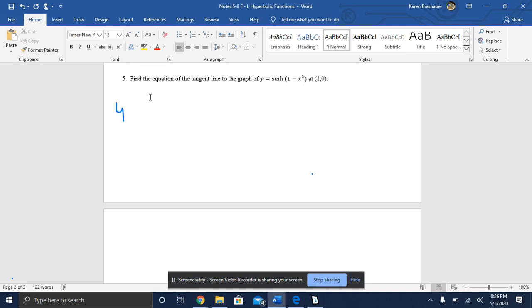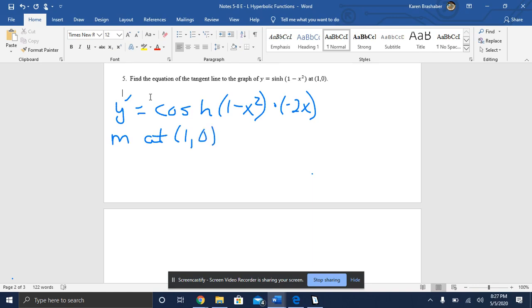So y prime will equal, all right, so the hyperbolic sine, the derivative of that would be hyperbolic cosine. We'll keep the angle 1 minus x squared and then multiply by the derivative of the angle, which is negative 2x. And then we need to know our slope at ordered pair 1, 0.